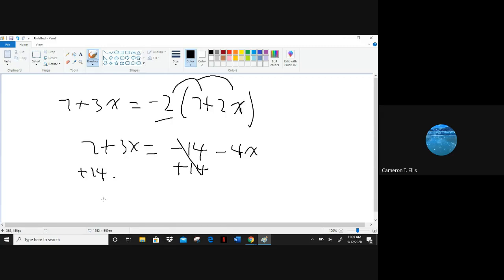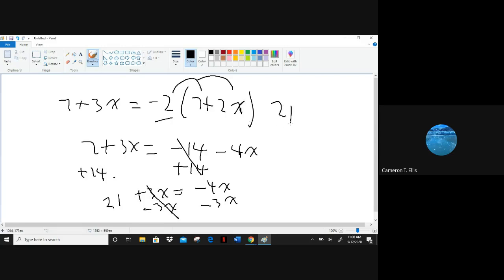That's going to be 21, equals minus 4x. And now we kind of want to get the x's together. We consolidated the minus 14 and the 7, so let's consolidate the plus 3x and the minus 4x. Let's add minus 3x to both sides. Plus 3x minus 3x cancels.